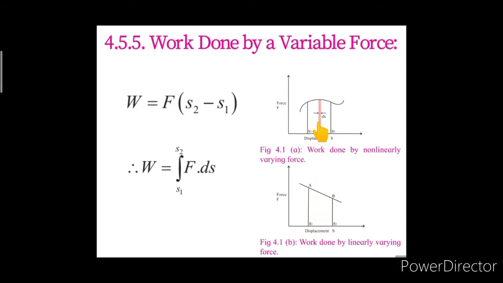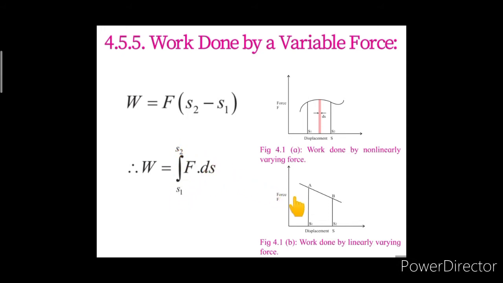As in figure A, the work done by the non-linearly varying force is there. That's why here we have taken the integration of all small work done from S1 to S2, and hence that work done is given as the integration of F dot ds from S1 to S2.